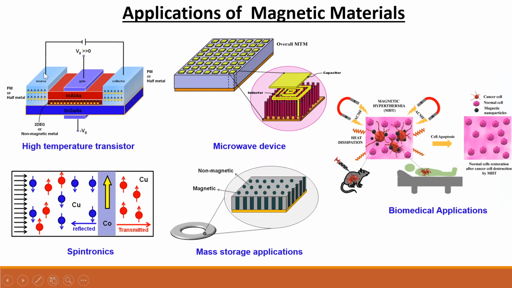Nowadays, spin FETs are looked at as an alternative, by depositing ferromagnetic materials or half metals, Heusler alloys as source and drain, with a channel which is a graphene sheet in between.